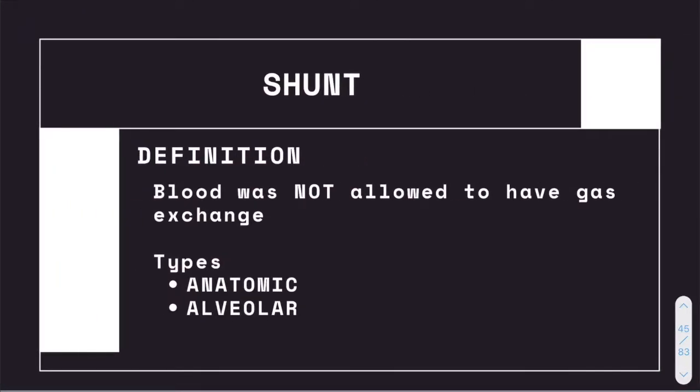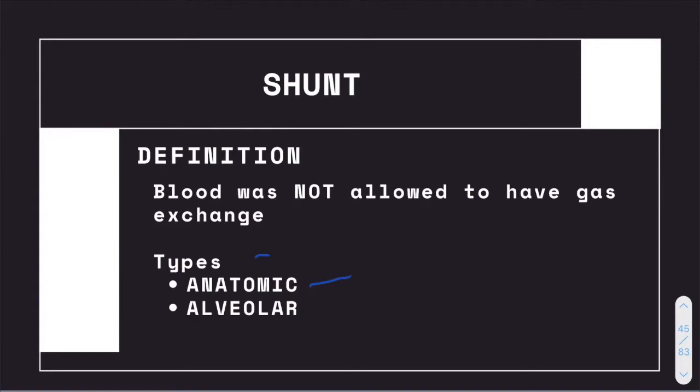So, let's try to define a shunt. A shunt is a condition wherein blood is not allowed to have gas exchange with your alveolar gas. So what are the types of shunt?